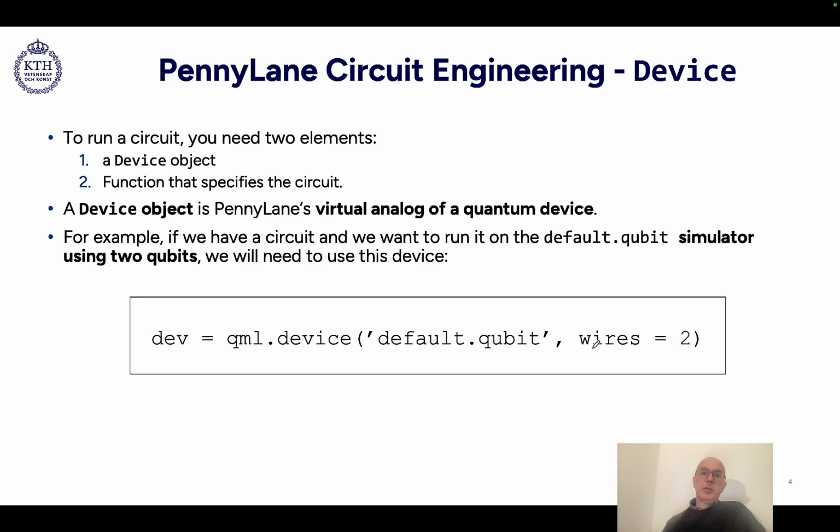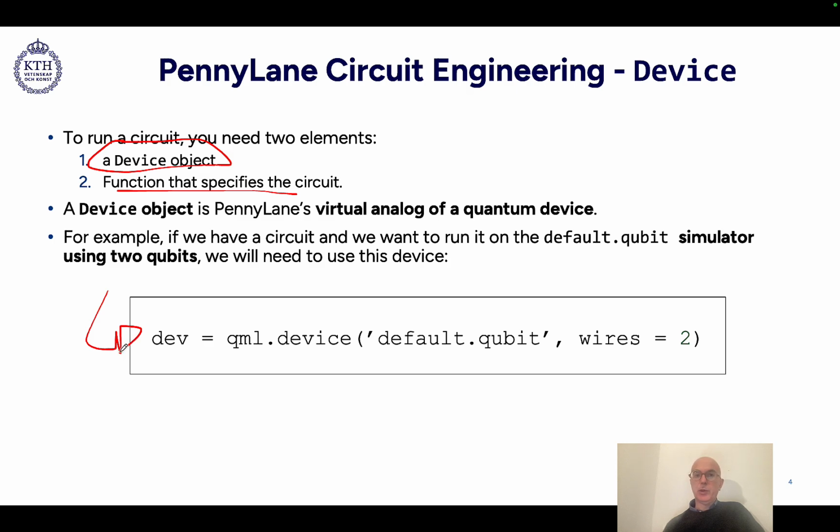To run a circuit, for instance, we saw the different components like quantum gates and qubits, so we might want to create a circuit. In PennyLane, we need two elements: a device object that will tell where we're going to run, on a quantum simulator or on a quantum computing system, and an actual function that specifies the circuit. The first step is to define the device object, and we can do it easily using this command.